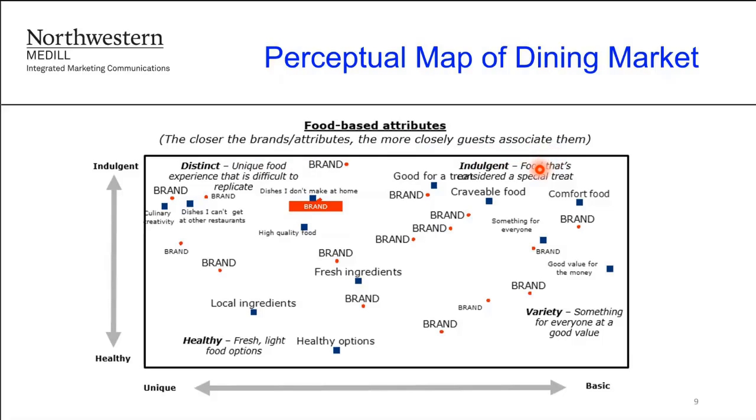For example, those two brands are quite close, and those two brands. The red dot is the brand. So those two brands are quite close, which means customers associate those two brands more, as opposed to, for example, this brand and all the way to this brand.